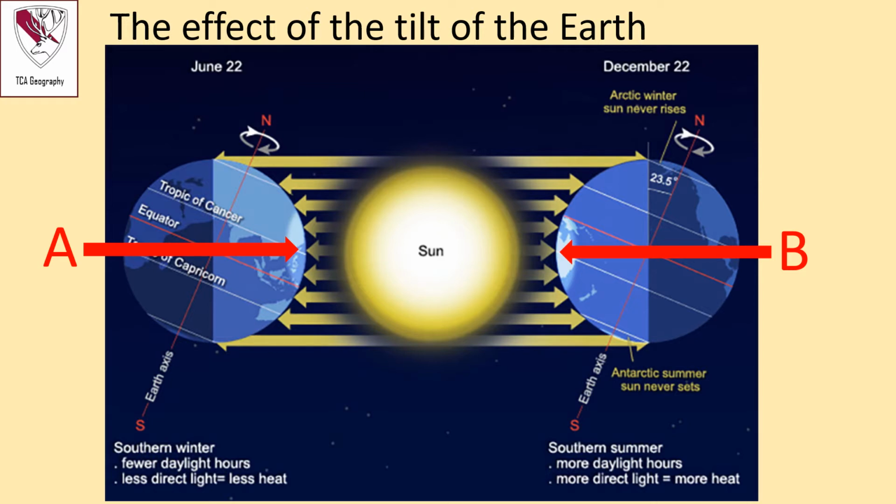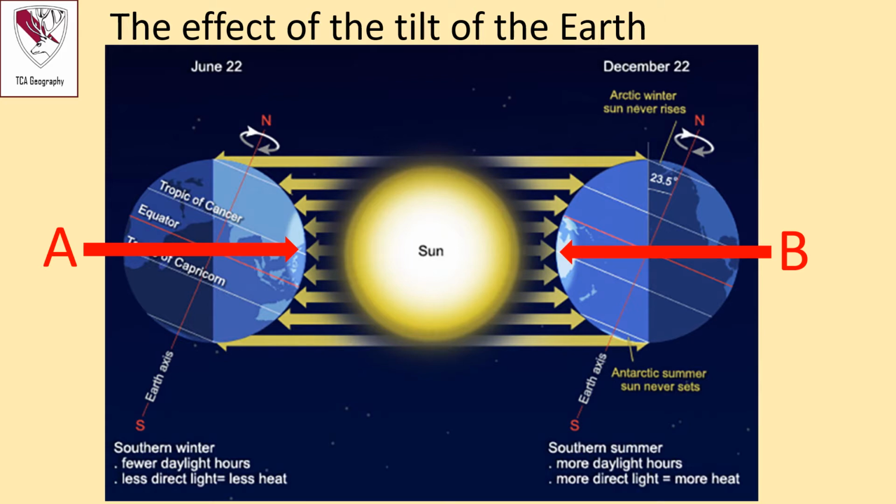However, as the Earth orbits the Sun, the effect of the tilt means that the impact of the solar radiation effectively moves from the equator up to the Tropic of Cancer, back down to the equator, and then further down to the Tropic of Capricorn.